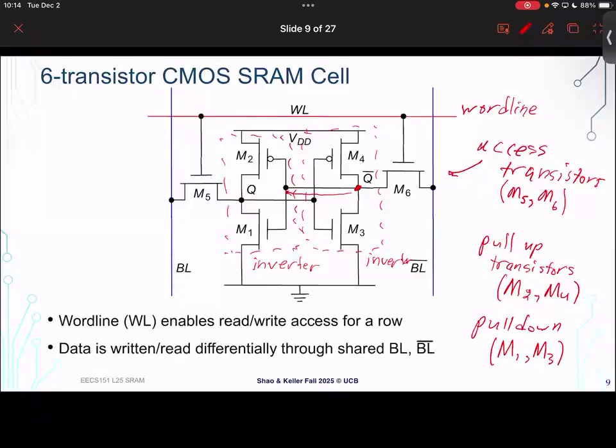And then you'll notice that the values that we want to read or write into the cell have been wired to the bit lines, or BL. And we have bit line on the left and bit line bar on the right, its complement.